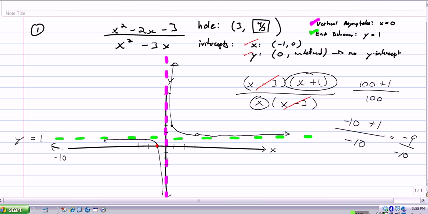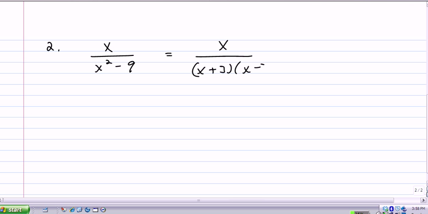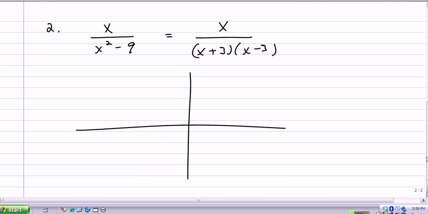Now we jump to number 2. I got to pull up the question. This is kind of a fun one. x over x squared minus 9, which is the same as x over x plus 3, x minus 3. We're dealing with the difference of squares. Let's see, nothing cancels.